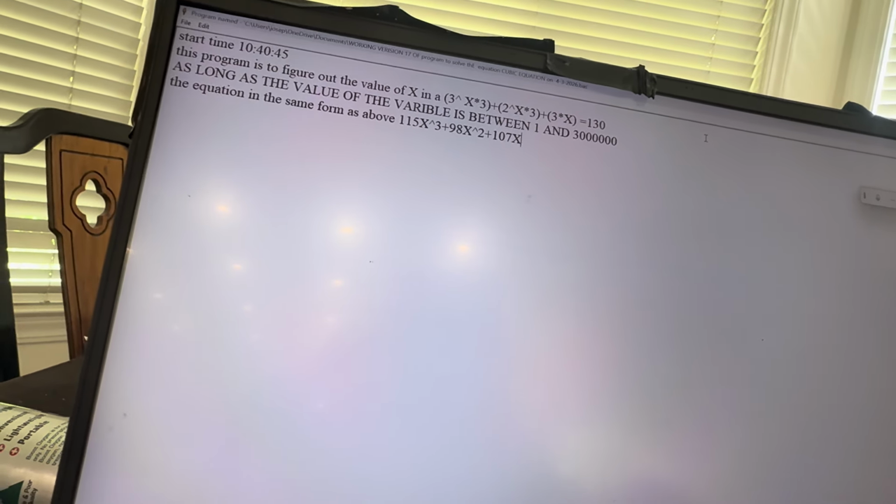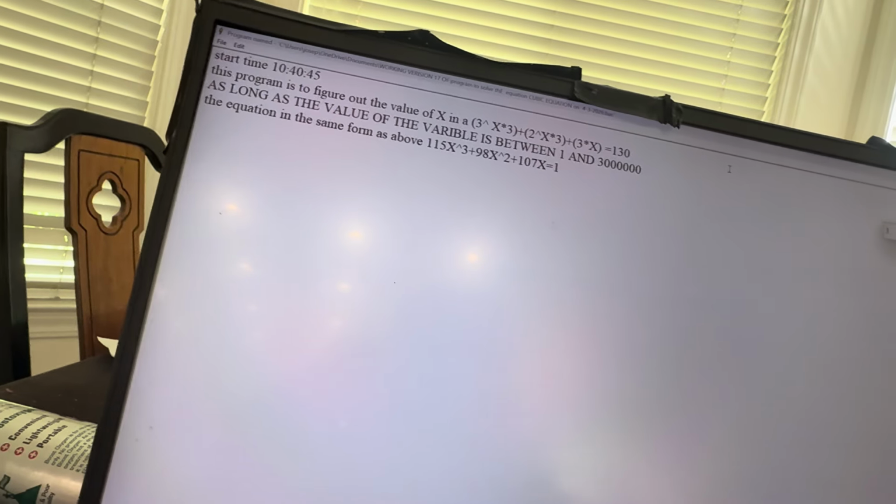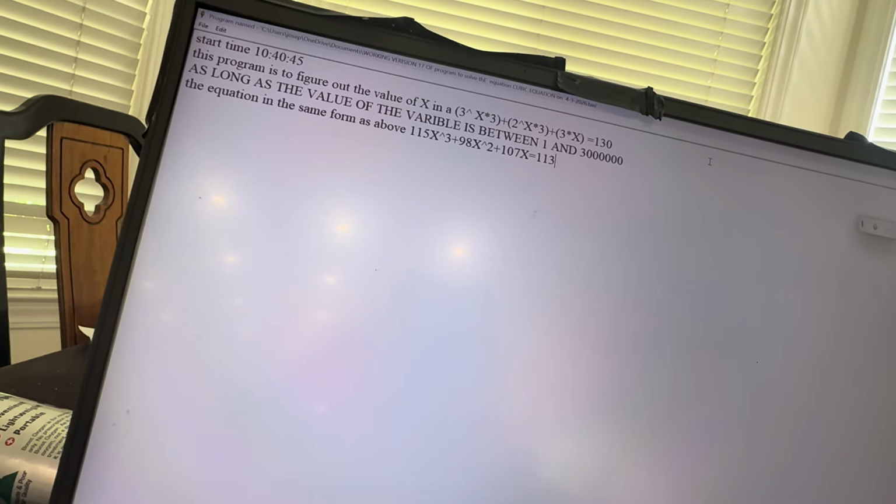Okay, so this one we have 115x to the third plus 98x squared plus 107x equals 113,000.